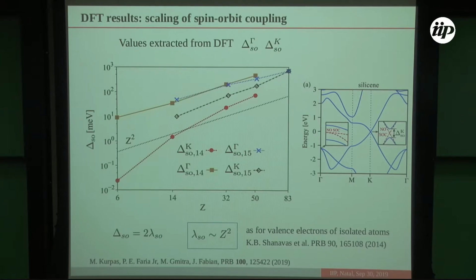And this dependence was already predicted by Landau and Lifshitz, and it is said to be the same as for valence electrons in isolated atoms. So now we have a solid, we don't have isolated atoms, but what you observe is that the scaling of the spin orbit strength is the same as if the atoms were isolated, which is quite surprising, right? Taking into account the complicated things which happen in crystals.